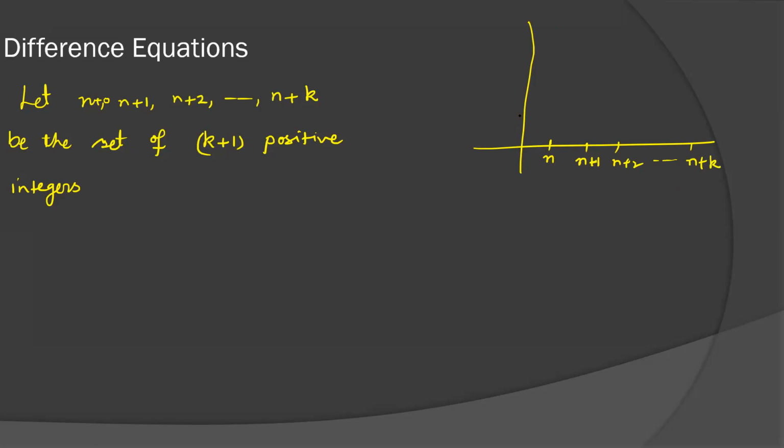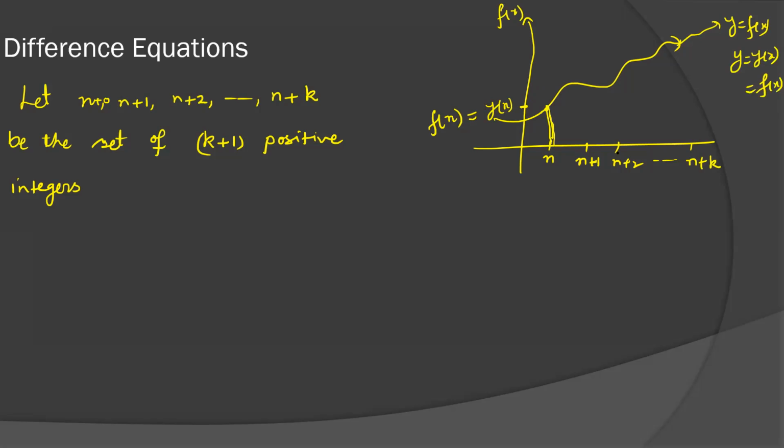Now, suppose we have a function y equal to f of x. Then corresponding to n, we have a value of y that is called y of n. This is your f of x function, or you can write this is the value f of n. Y is a function of x, so y of x equals f of x.